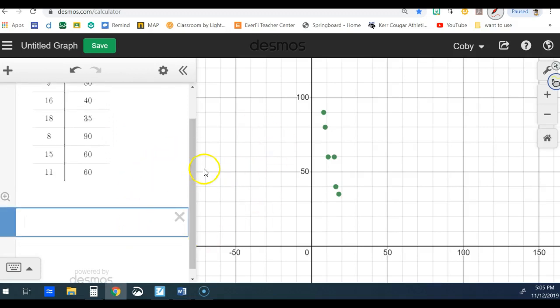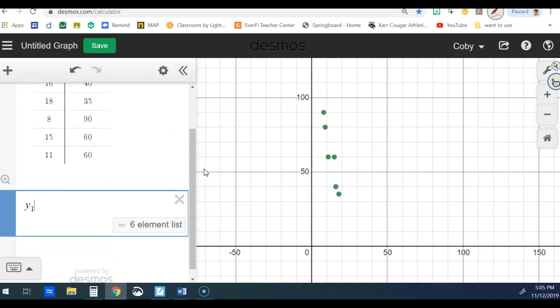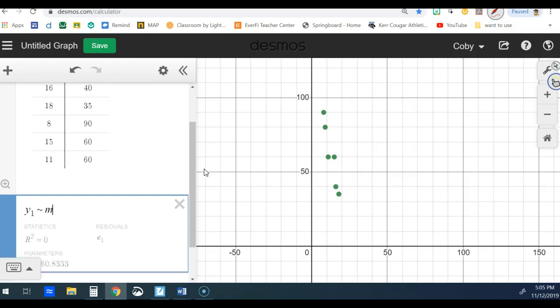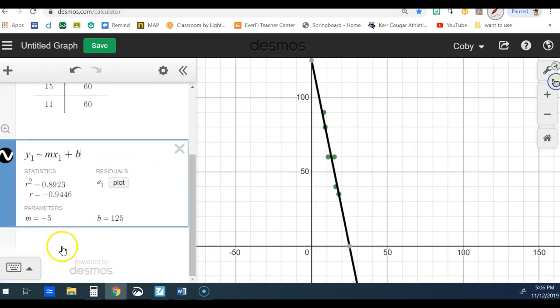I need the equation. To get the equation, in your orange notebook we wrote y1 squiggly equals m x1 plus b. It gives you the trend line through the points, and it gives you the m and the b down here. Right here, m is -5, b is 125.